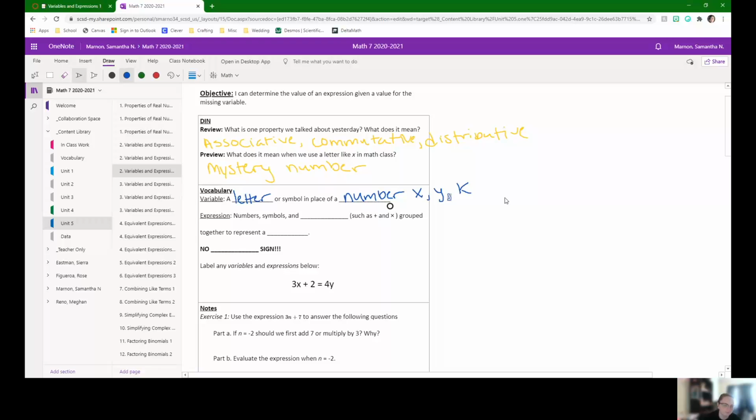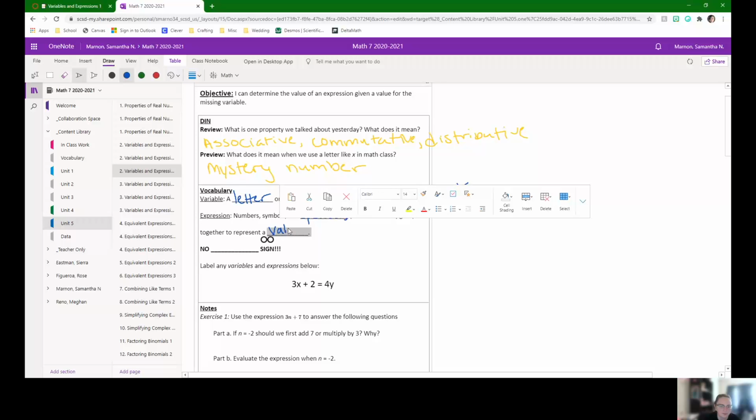An expression is numbers, symbols, and we call them operators. Operators are adding, subtracting, multiplying, dividing, grouped together to represent a value. It can be any combination of numbers and variables. You can add, subtract, multiply, divide.